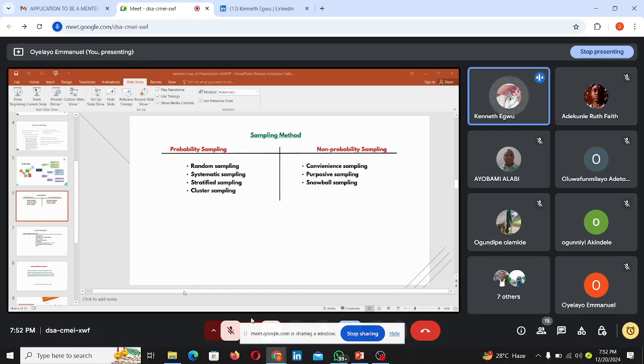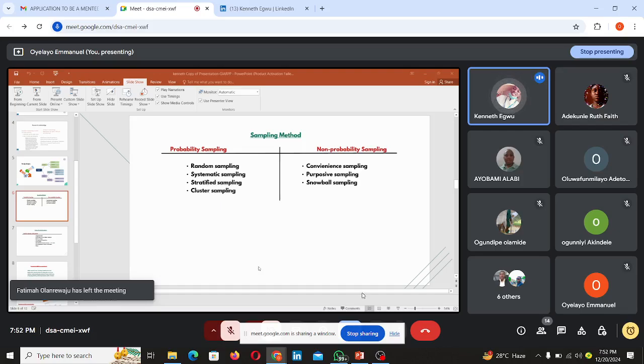Then we select every sixth number. Counting from number 5, the next sixth number is 11, then after 11, the next is 17. So we keep on counting like that, following a systematic method.